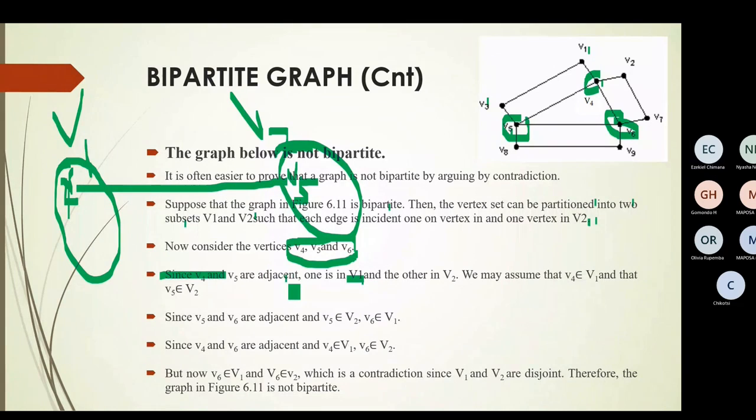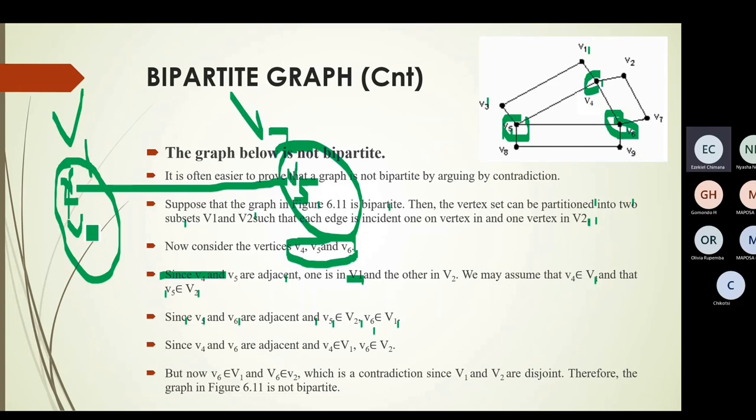Since V5 and V6 are also adjacent, V5 is an element of V2, and V6 is an element of V1.